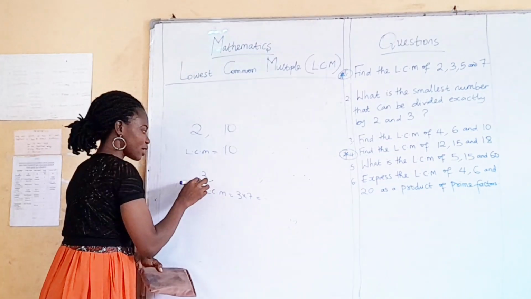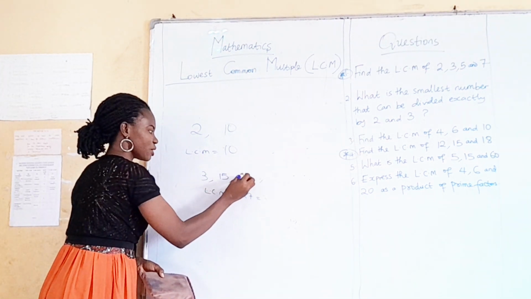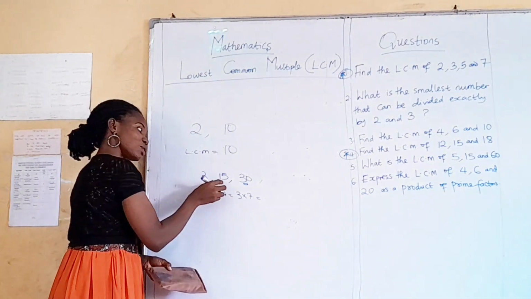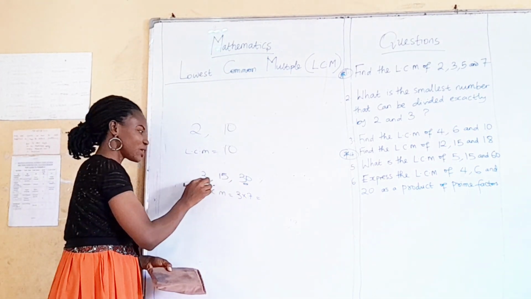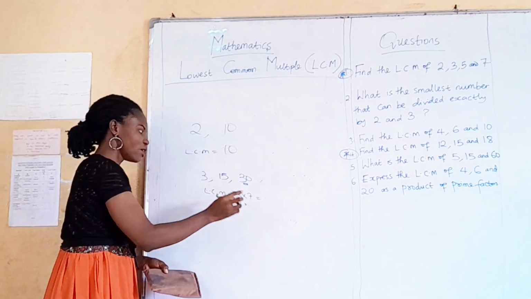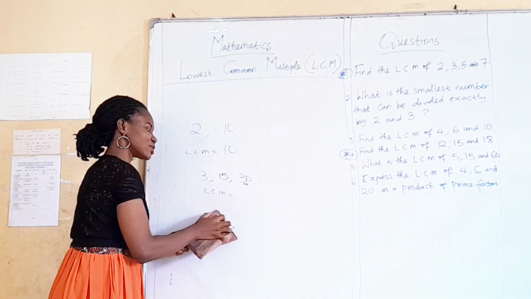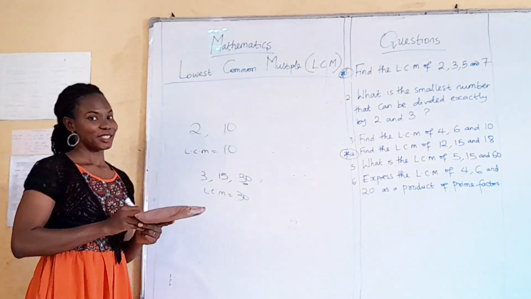Again, if I have something like 3, 15, and 30, the biggest number here is 30. Let's look at the smaller numbers. Can they divide the biggest number without any remainder? 3 can divide 30 without any remainder, okay? 15 can divide 30 without any remainder. Therefore, their LCM will be 30. Is that understood?